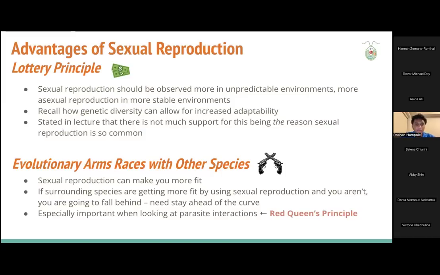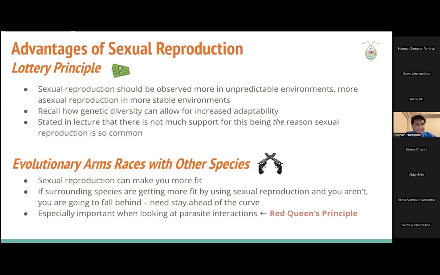As we talked about before, with sexual reproduction you're increasing genetic diversity and you're able to adapt to a variety of situations because each offspring will be different. Hence you'd find it in unpredictable environments that are constantly changing. On the other hand, if you're in a stable environment where nothing's changing and the parent is able to survive just fine, then in theory you should find asexual reproduction happening, because there's nothing wrong with their genome. They can just pass it down to their offspring, no problem.